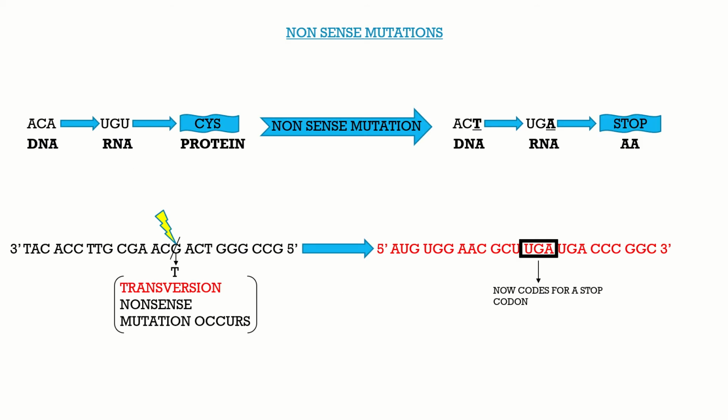So the first point mutation is called a nonsense mutation. And essentially in a nonsense mutation, a base change causes a codon to change into a stop codon.